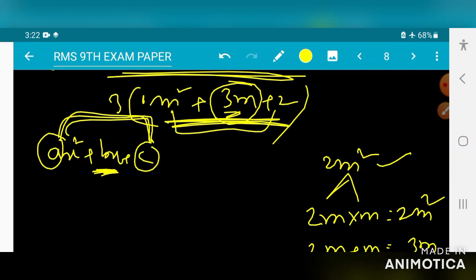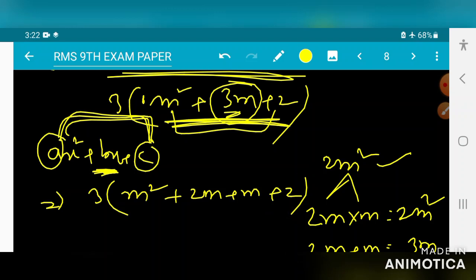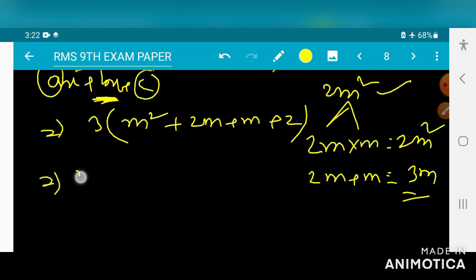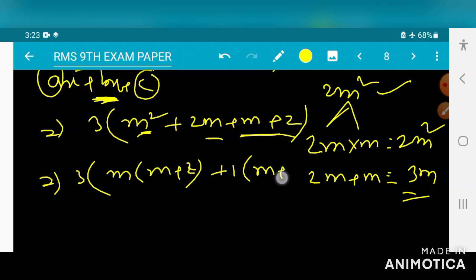So we write 3 into m square, and instead of 3m we split it as 2m plus m, plus 2 as it is. Next, 3 into, see here, m square and here also m. By taking m common, m plus 2, plus 1 is taken common, m plus 2.